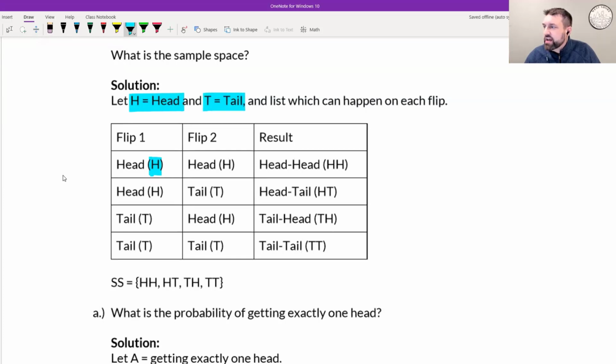So H equals heads, T equals tails. You could have heads, heads, or you could have heads, tails, you could have tails, heads, or tails, tails. So your sample space, the denominator in all the fractions, is going to be 4. There are 4 items in your sample space: heads, heads, heads, tails, tails, heads, and then tails, tails.